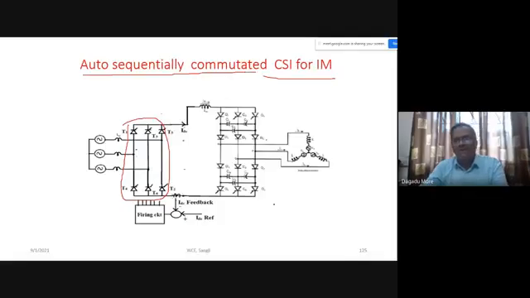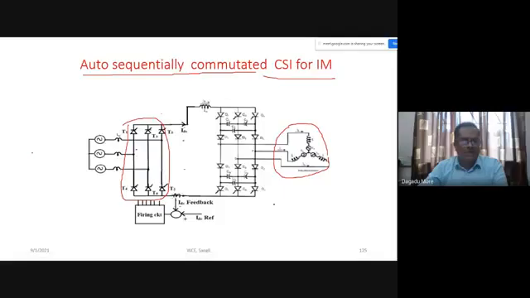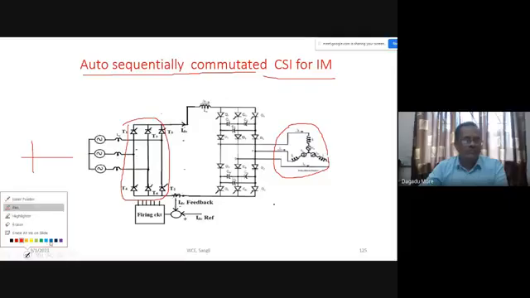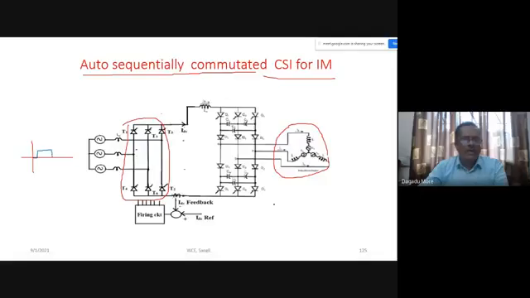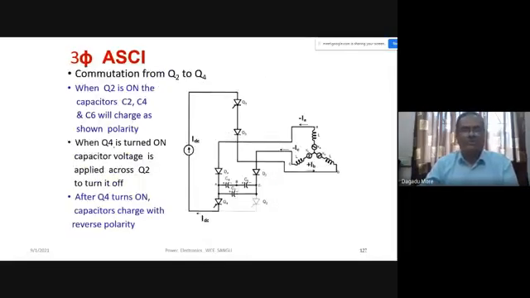We can use this also for speed control of an induction motor. Again, what is the drawback? Our source current is a quasi square wave, and our power factor is 3 by pi cos of alpha. This is the drawback from the power supply point of view.